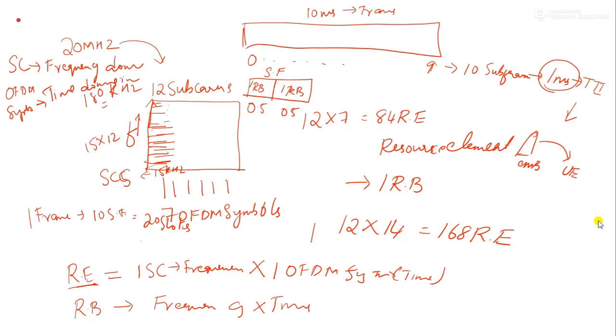So this is how the network has been structured, and we also discussed the modulation schemes in LTE. We have 64 QAM as the highest order modulation which is being used. We also have 16 QAM, and we also have QPSK. There are three modulation schemes which are adaptive in nature.